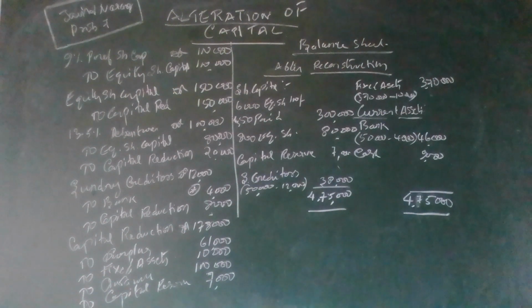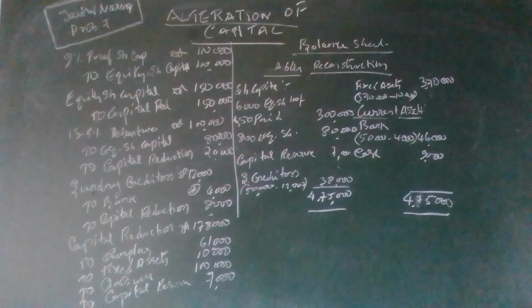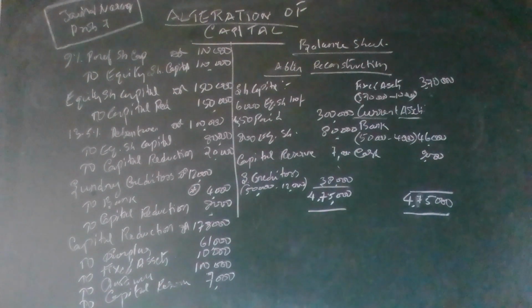On that, 20% of the claim is remission, and 10% is discharged immediately. Remission means accepting less than the actual amount, right? So that we have to consider.